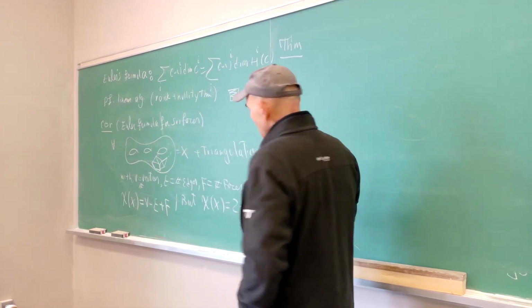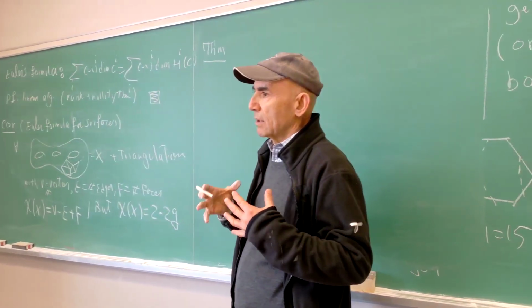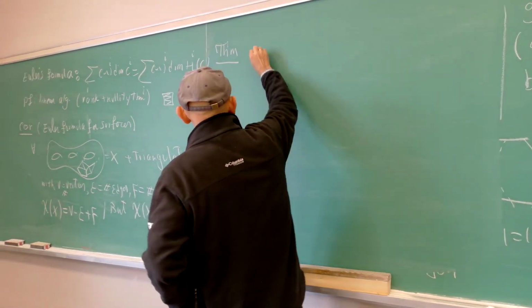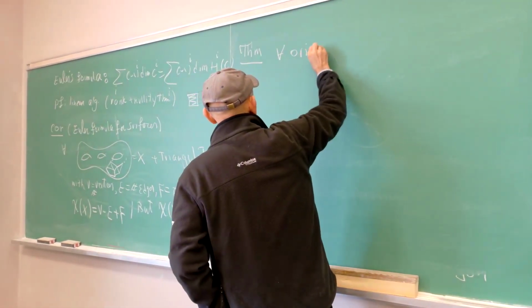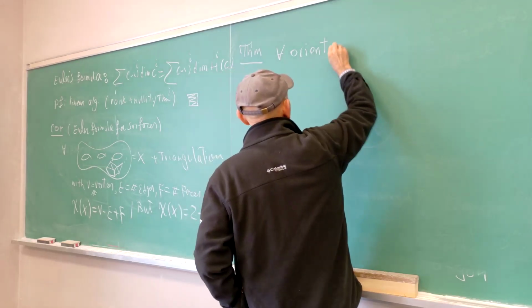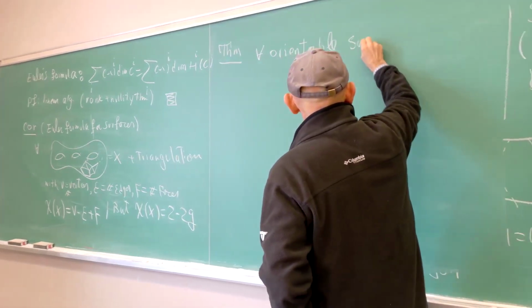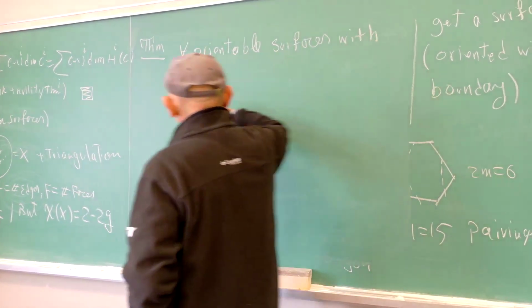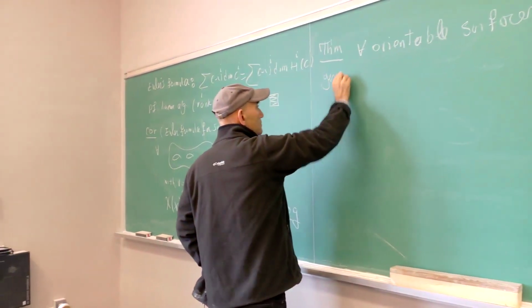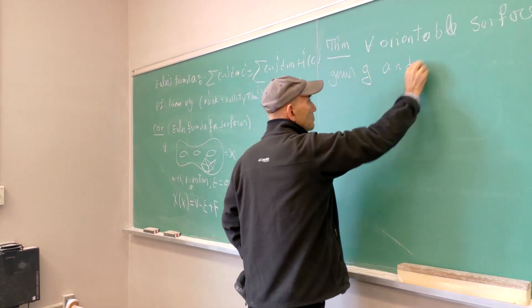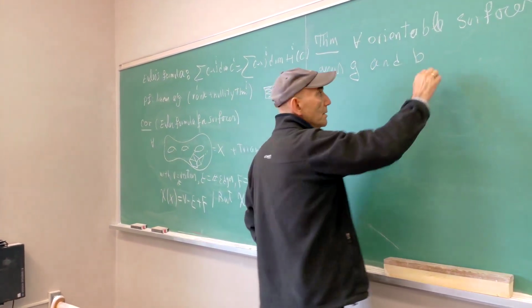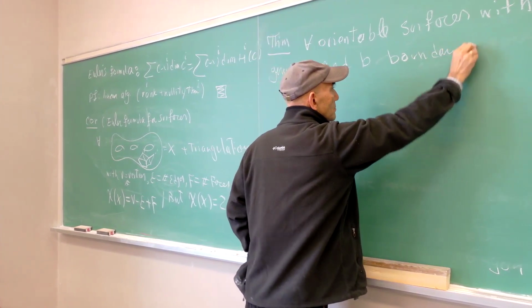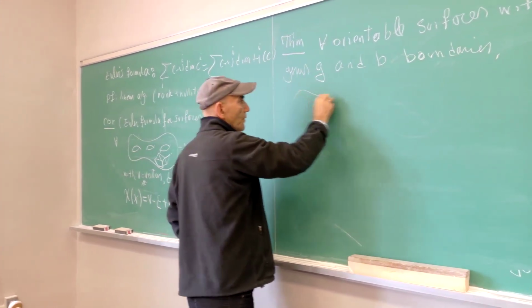For any orientable surface with genus g and b boundaries, we are talking about something like this.